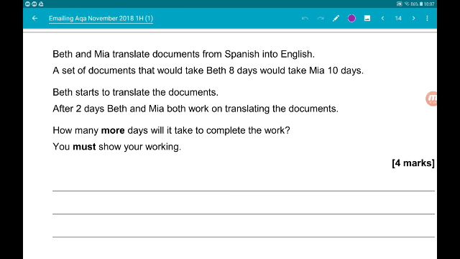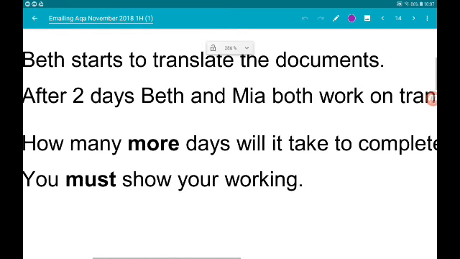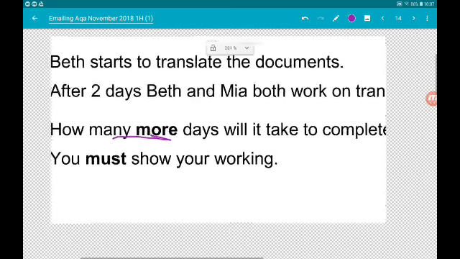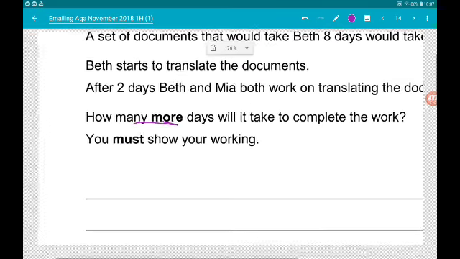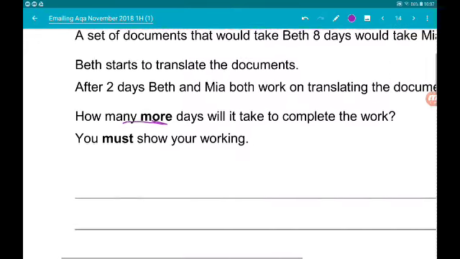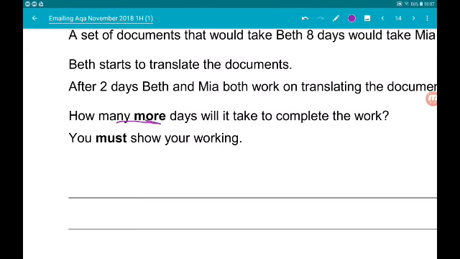After 2 days, Beth and Mia both work on translating the documents. How many more days, so careful there, how many more will it take to complete the work? You must show your working. Okay, quite a tricky one.